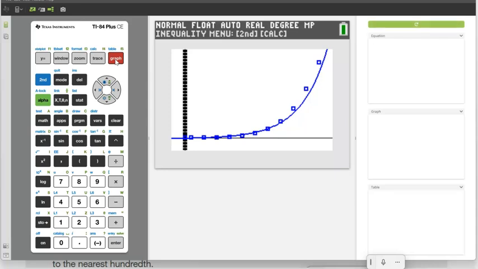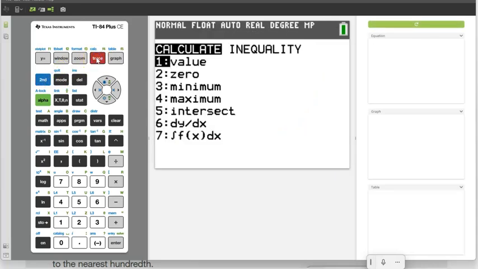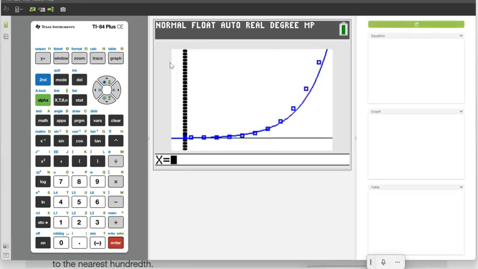But there is also a way that I can get my calculator to do it. So this is entirely optional. It's just a little bit of a time saver. So I'm going to do second trace. And this very first button right here, value, I'm just going to hit enter since I'm already highlighting number 1 there for value. And then I can type in any value for X I want, and my calculator will plug it in for me.